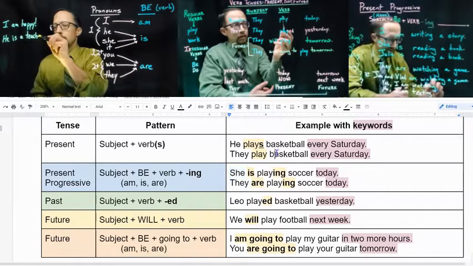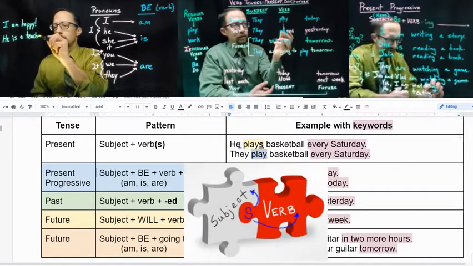So watch. When we have a verb like play, remember it changes. If it is one person or one place, one thing, you add the S. He plays, right?